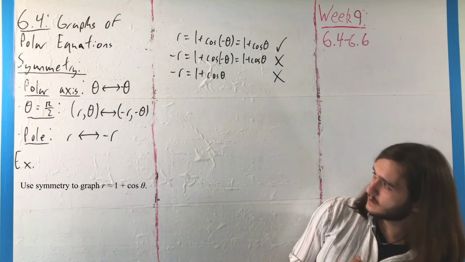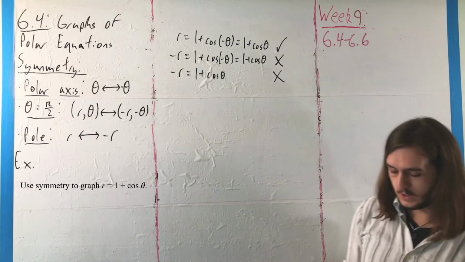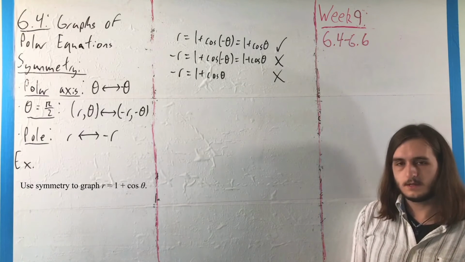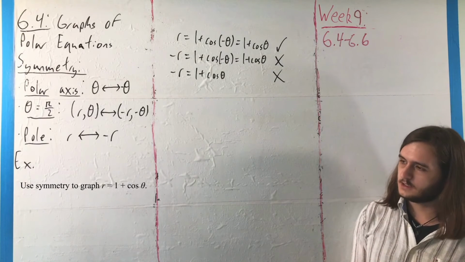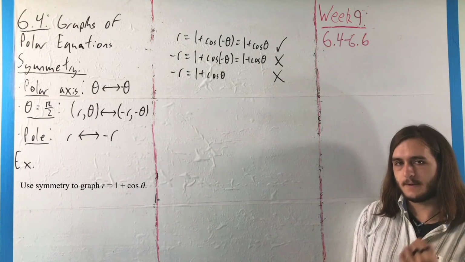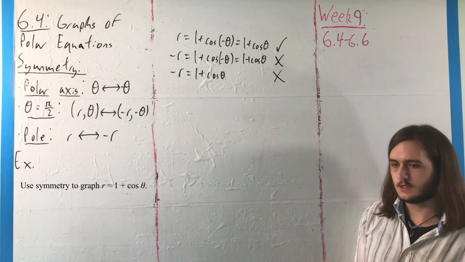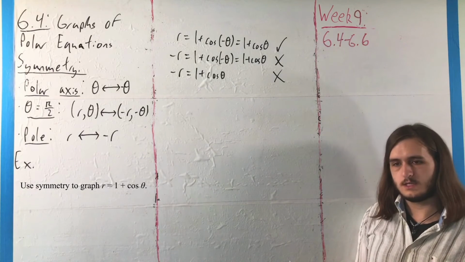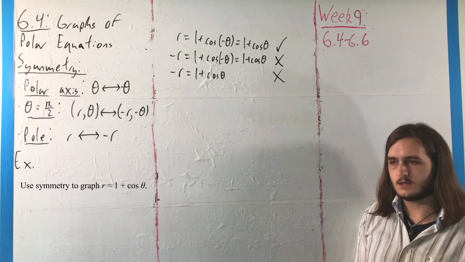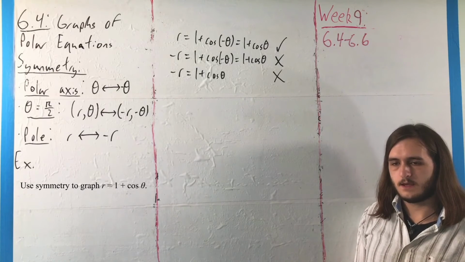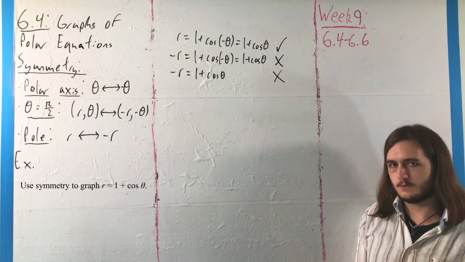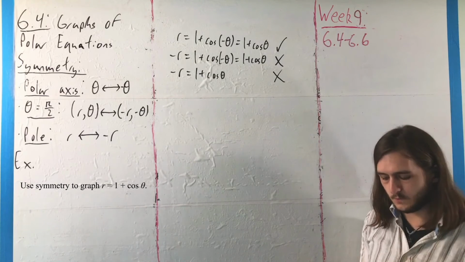Now, if we want to graph this, we're going to go through carefully this time, but note that because we have symmetry about the polar axis, about the horizontal axis, we really only need to go until we reach that axis again. And at that point, we'll know that we have the symmetry we want to be able to flip things back over.